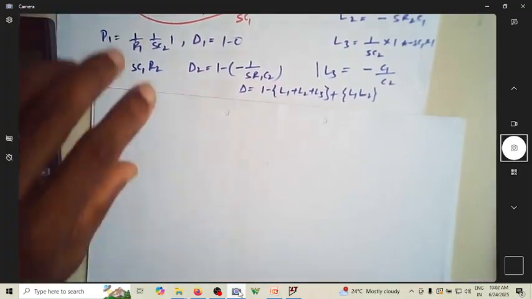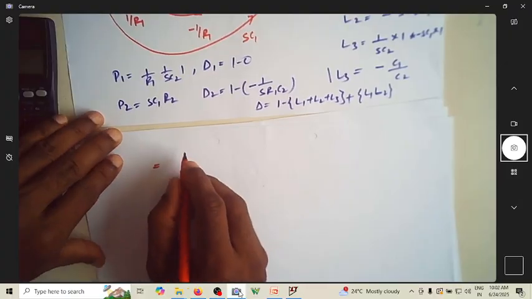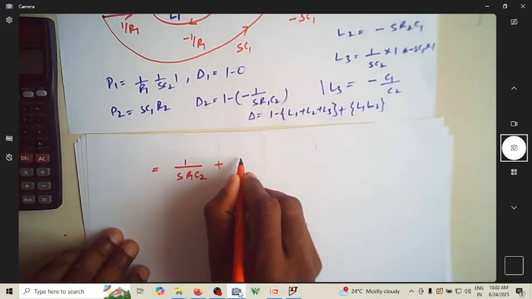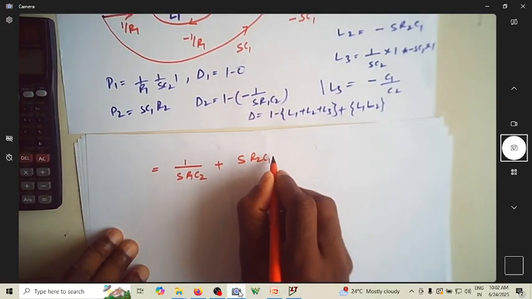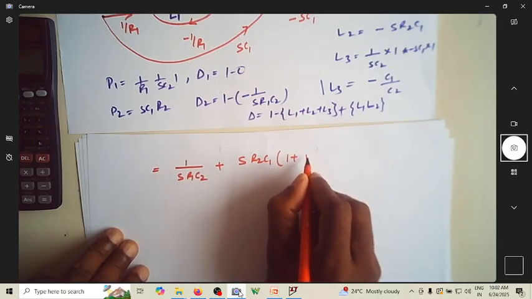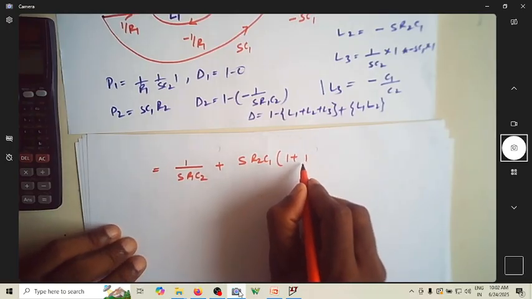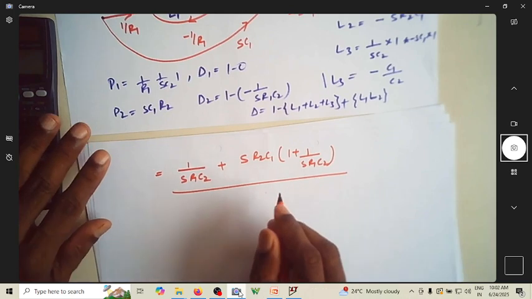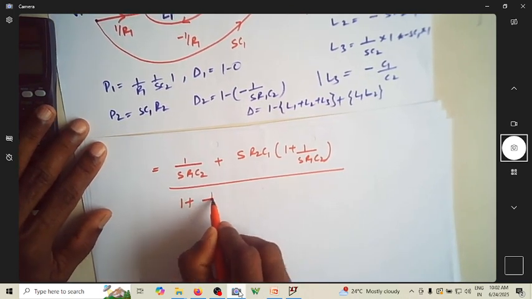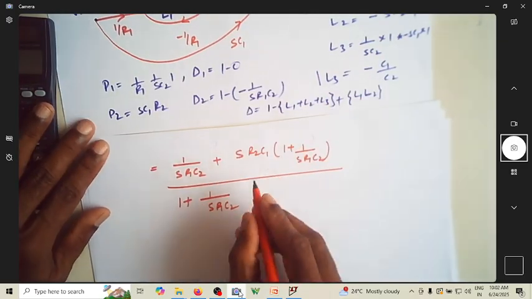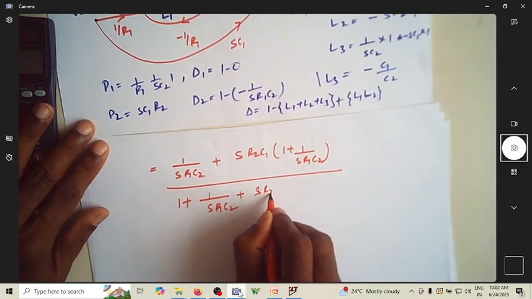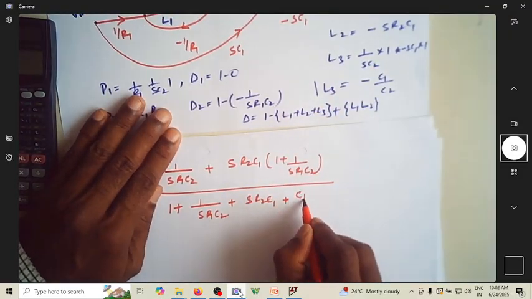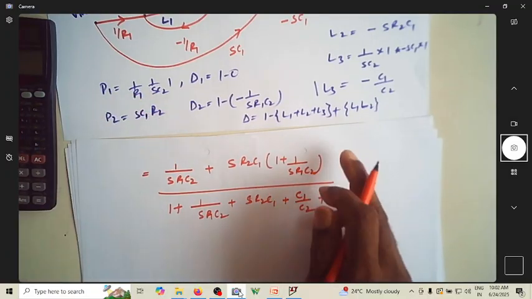If you want to write the expression for this, you can certainly write it as 1 over S R1 C2 plus S R2 C1 multiplied by 1 plus 1 over S R1 C2, whole divided by 1 plus 1 over S R1 C2, which is L1, plus S R2 C1, which is L2, plus C1 by C2, plus L1 L2.